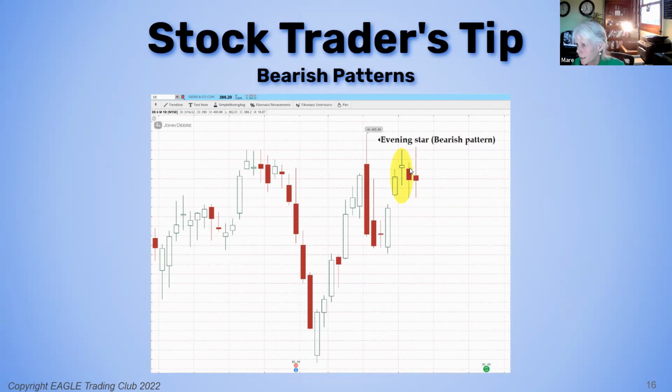This is when it opened, and this is when it closed. The only reason I know that with certainty is because this is a red candle. When you see a red candle, the bottom of the bar is always when it closed, on the downside.